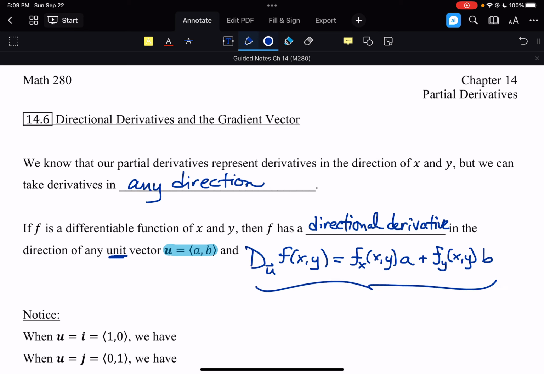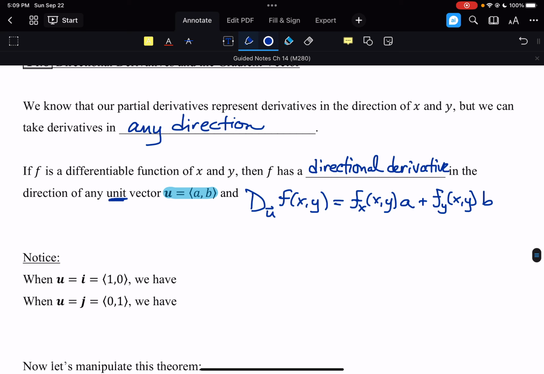Now, we're going to work on rewriting this a little bit to come up with a nice clean formula that relates to the topics we've talked about already. So notice with this formula, if the unit vector that we're working with is just the i vector, so 1, 0, then the directional derivative of the function, this would be a 1 and this would be a 0, so this would all be gone.